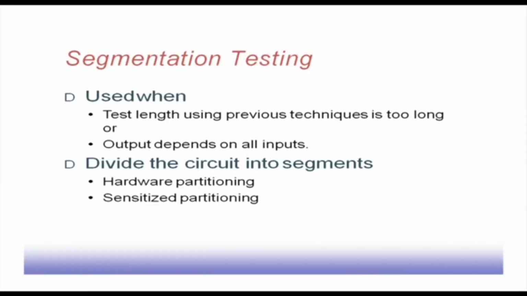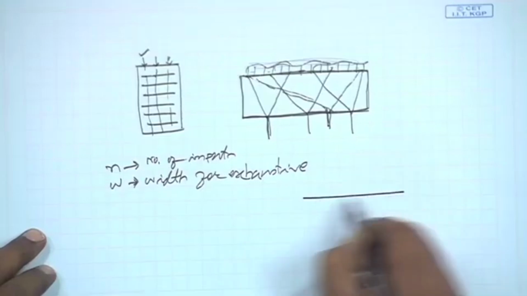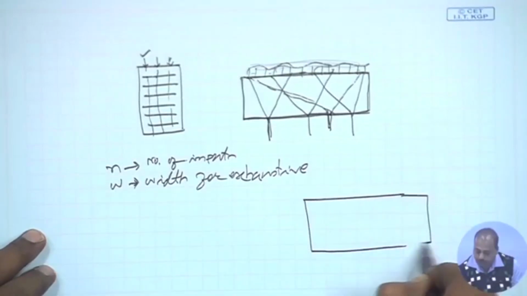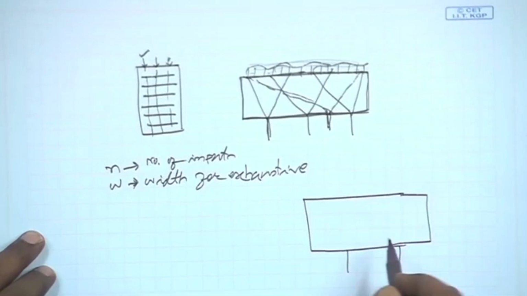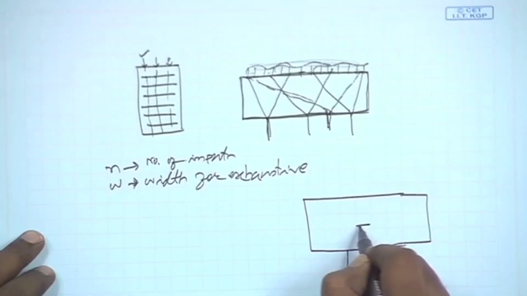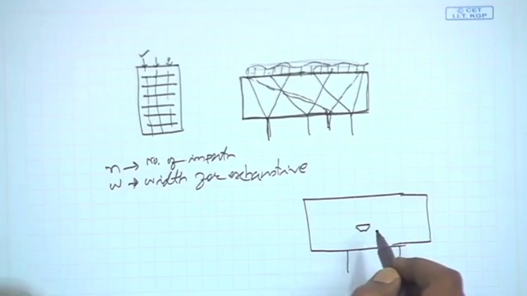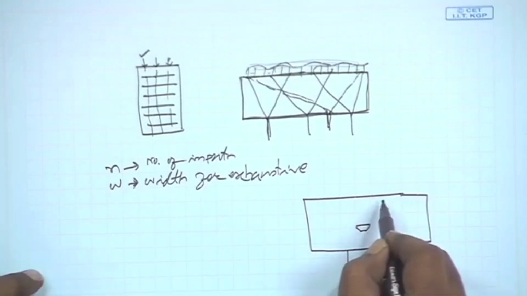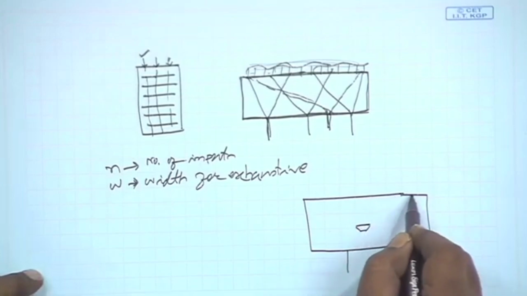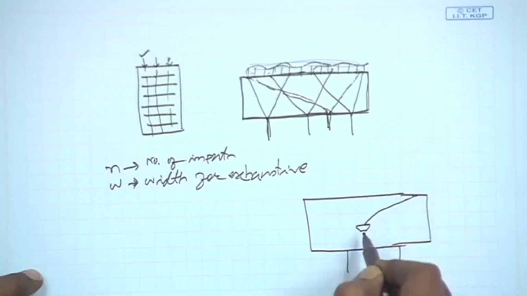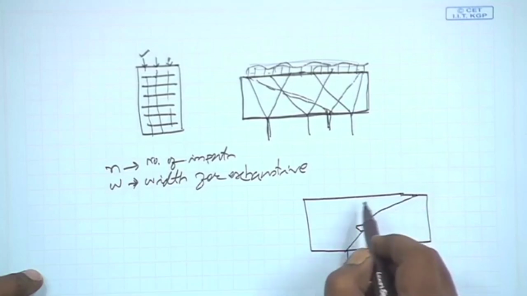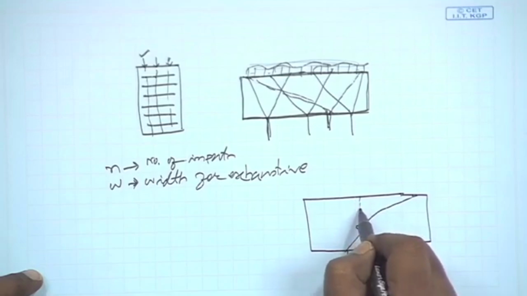In that case, what is suggested is that we divide the circuit into segments. How do we divide? Suppose the circuit has two outputs, this one and this one. We put in a multiplexer. Normally the input comes from a far away input, so that the cone includes it. So, we have some other input multiplexed onto it.